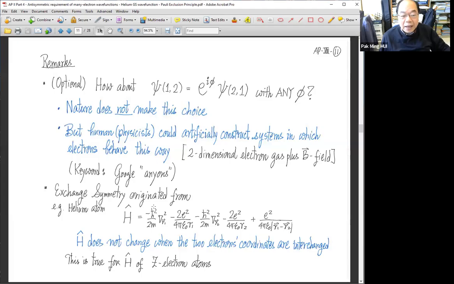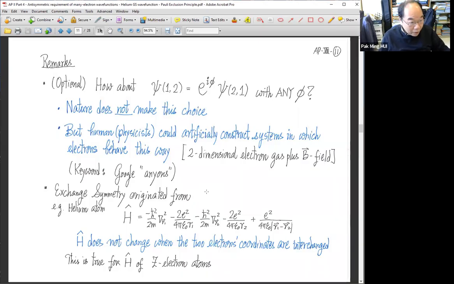And then another big consequence is that we will see in the helium excited state, this antisymmetric requirement will have a big consequence. It has to do with ferromagnetism.